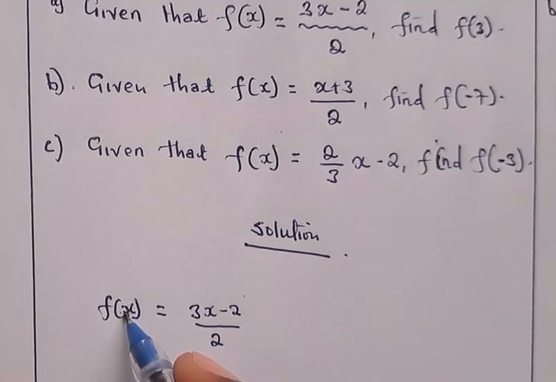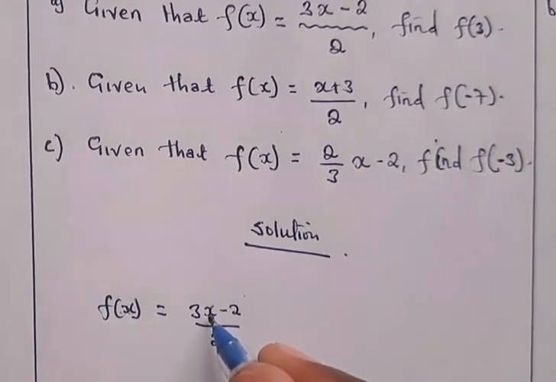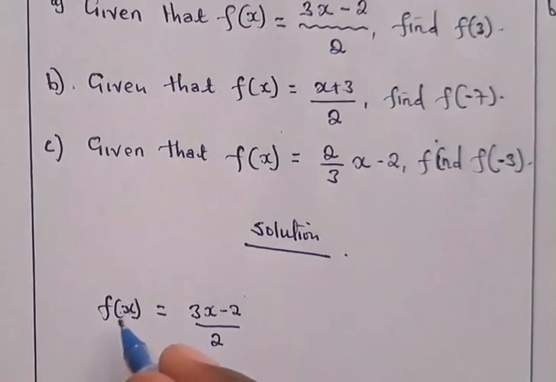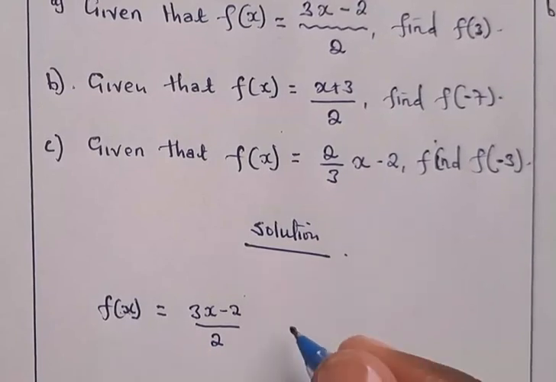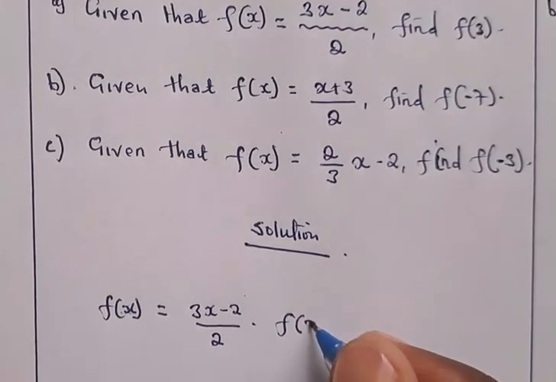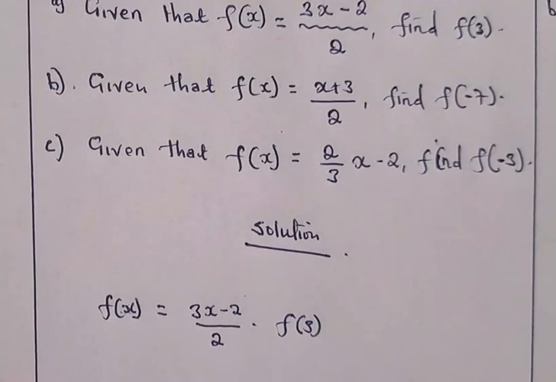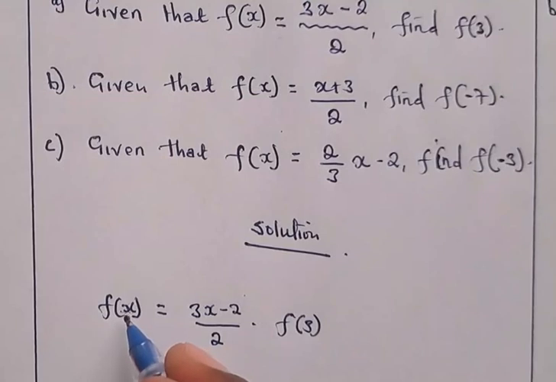It means this function is 3x minus 2 over 2, and this x you are seeing here appears because of the x that they've put in brackets. Now they're saying let us find f of 3. So what does it mean? It means in these brackets we want to replace x with 3.